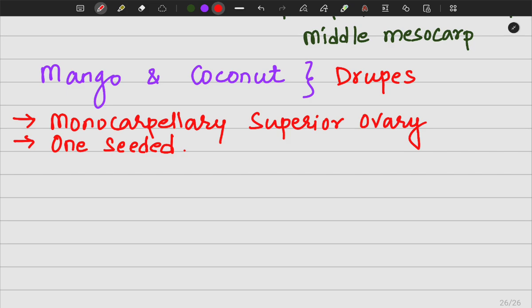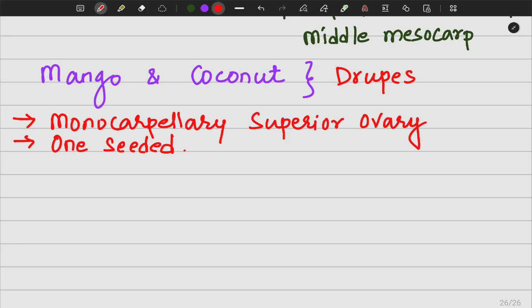We usually eat them. In mango we usually find one big seed. Sorry, that's not actually the seed, that's the endocarp. We will study that when we learn about the diagram. So these are the two important points.